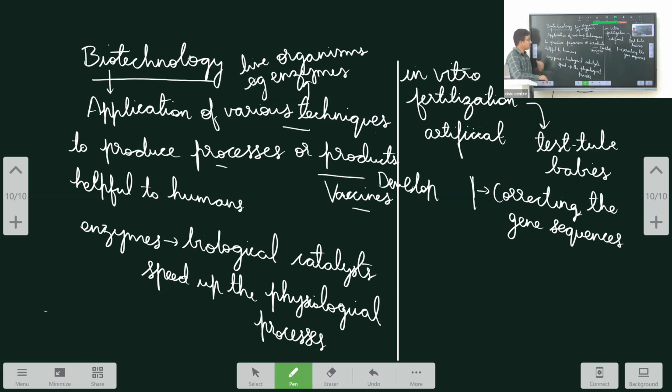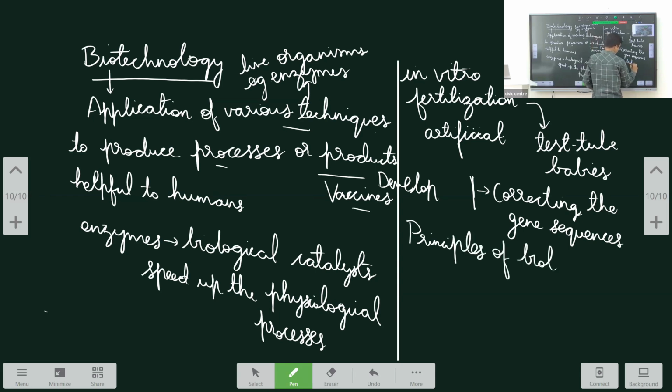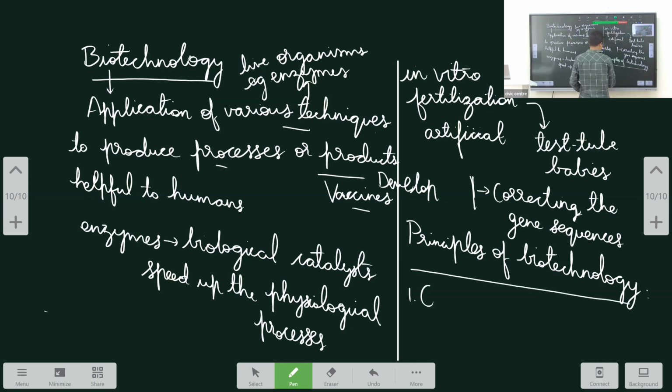And with respect to the principles of biotechnology, upon what foundational principles does this system work? First is genetic engineering.